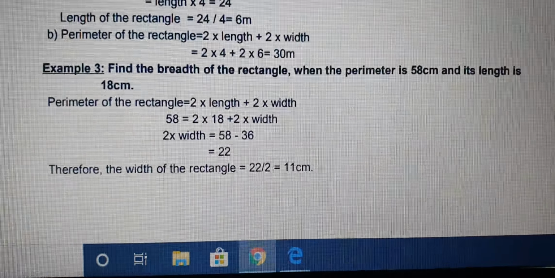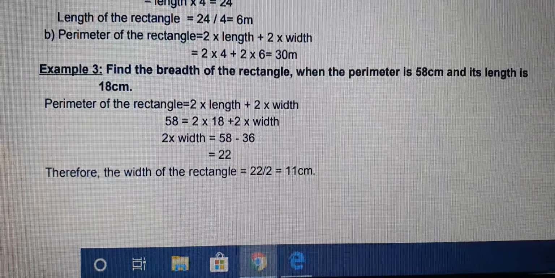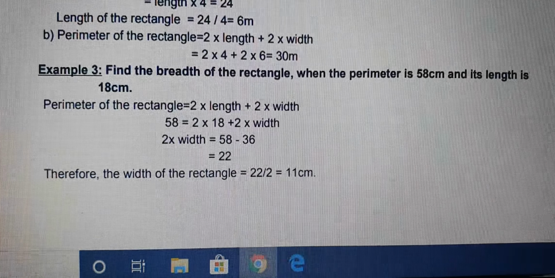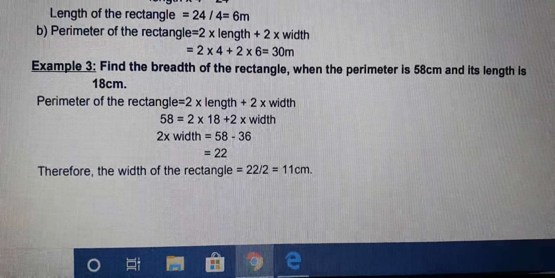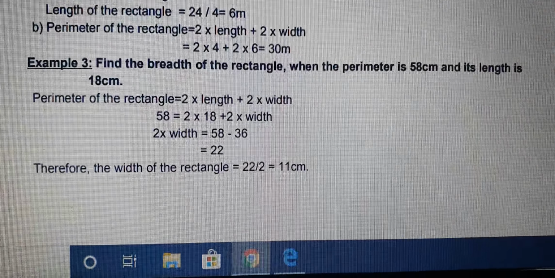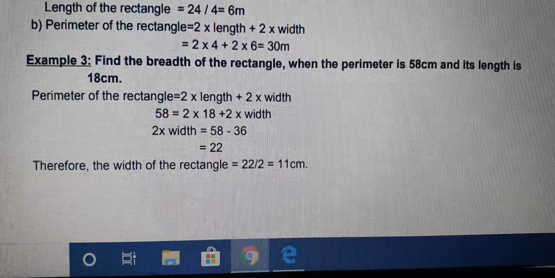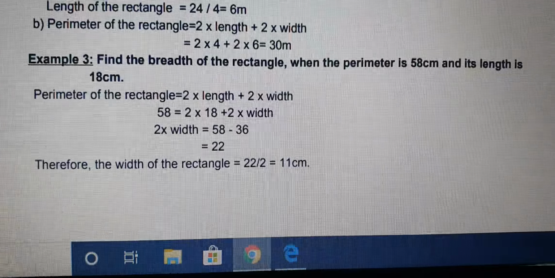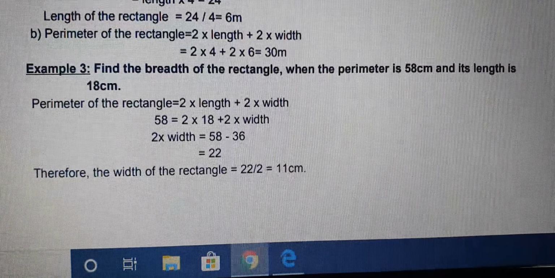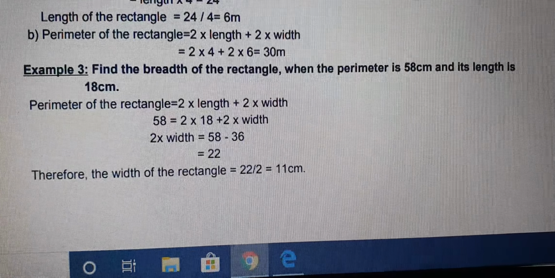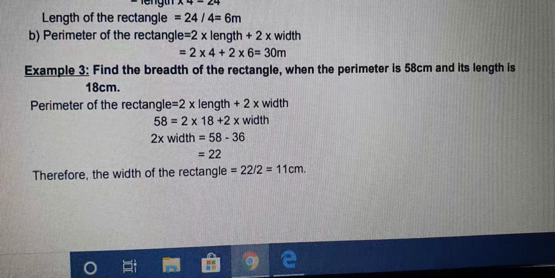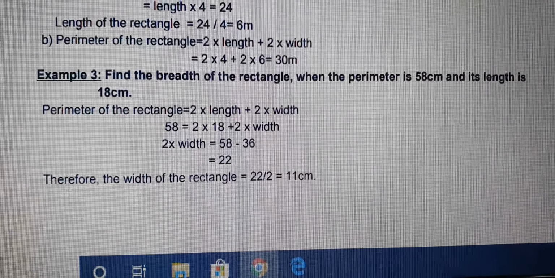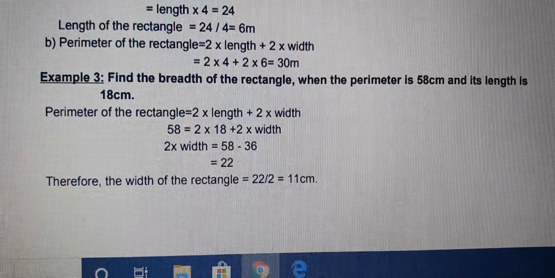Our third example is find the breadth of the rectangle when the perimeter is 58 centimeters and its length is 18 centimeters. Perimeter of rectangle equals 2 into length plus 2 into width. And our perimeter is 58. 58 equals 2 into length. We have the length as 18 centimeters. So 2 into 18 equals 36 plus 2 into width.